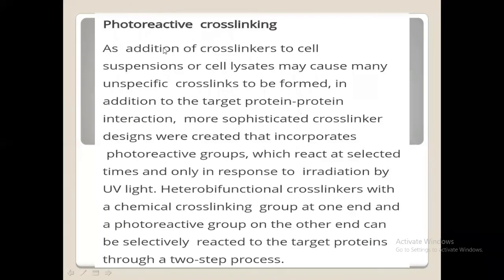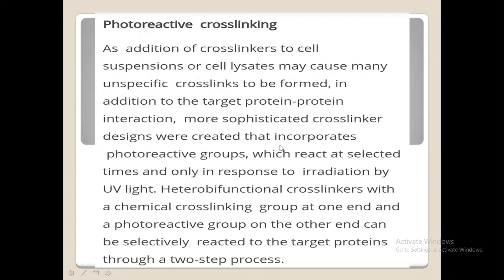Then another method is photoreactive cross-linking. Addition of cross-linkers to cell suspensions or cell lysates may cause many unspecific cross-links to be formed, in addition to the target protein-protein interaction. More sophisticated cross-linker designs are available now.